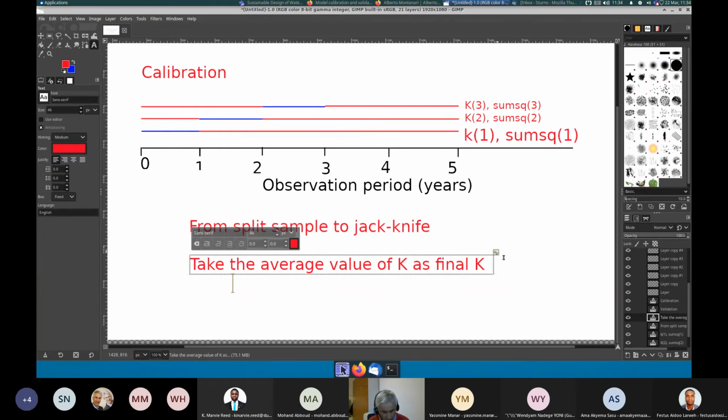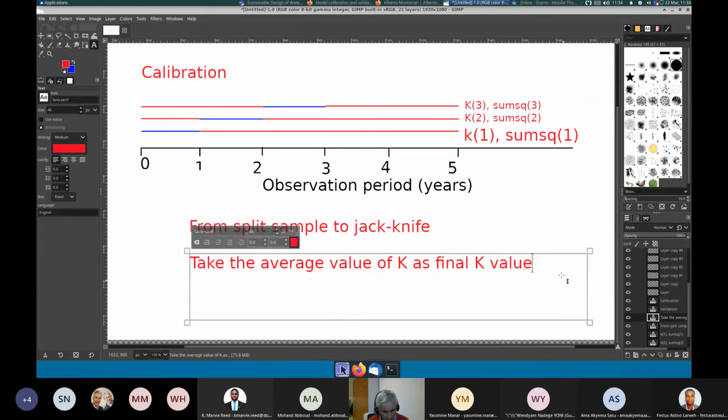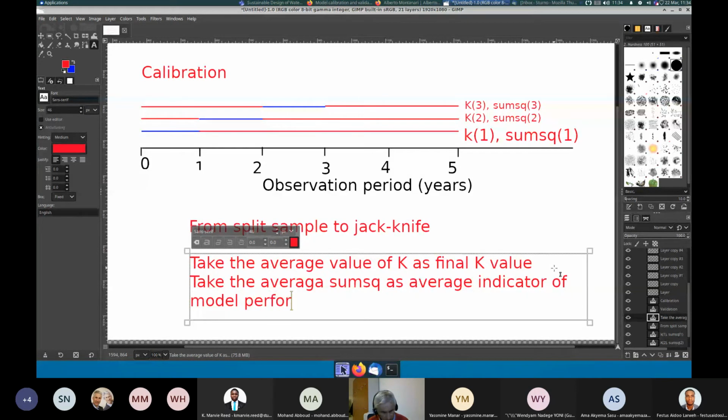Let me extend it. And then take the average sum of squares as the average indicator of model performances.